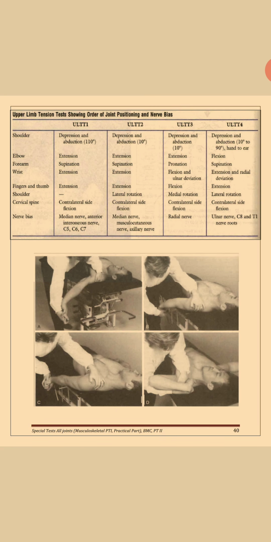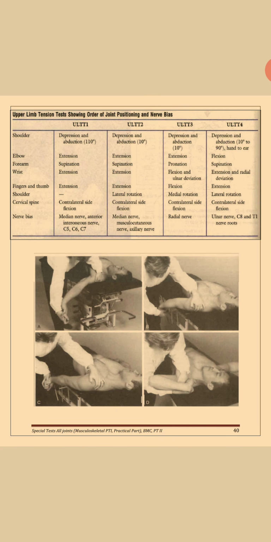ULTT 3: shoulder depression and abduction 10 degrees, elbow extension, forearm pronation, wrist flexion and ulnar deviation, fingers and thumb flexion, shoulder medial rotation, cervical spine contralateral side flexion. Nerve bias: radial nerve.